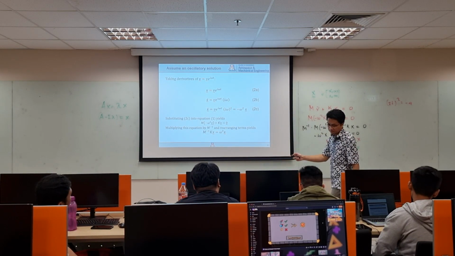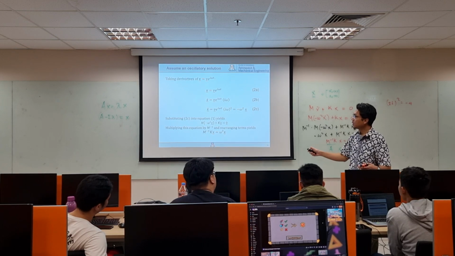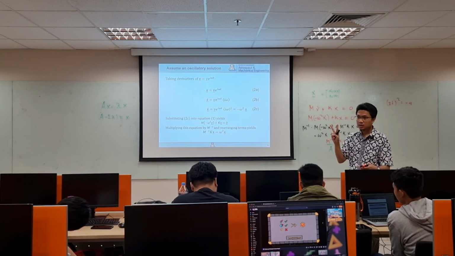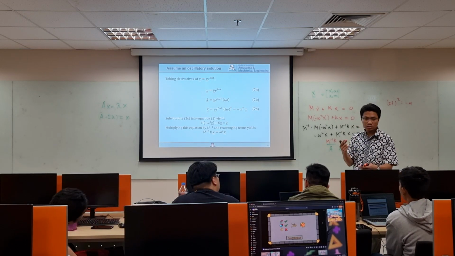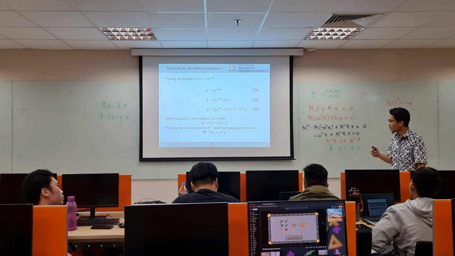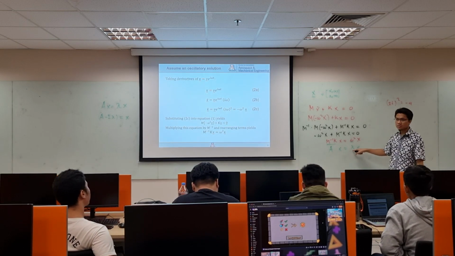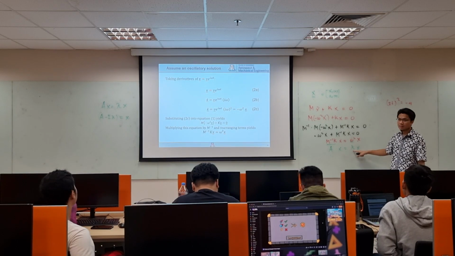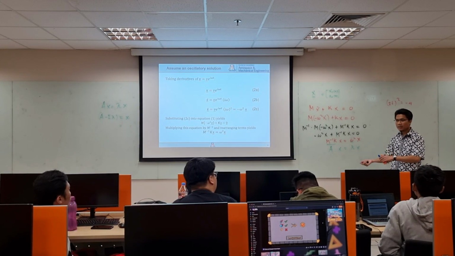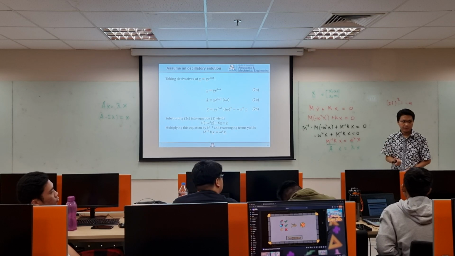So to construct the solution, we need two things. The first thing is the omega. Omega is the natural frequency, and that is coming from the eigenvalue solution. Omega square is lambda. So once you get the lambda, you take the square root of it, you get the omega.